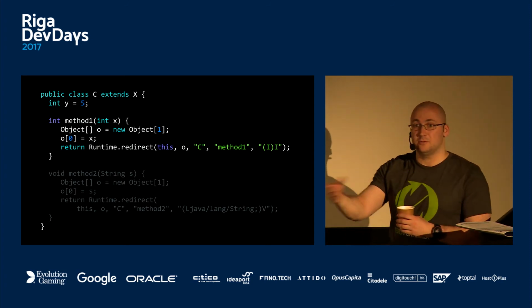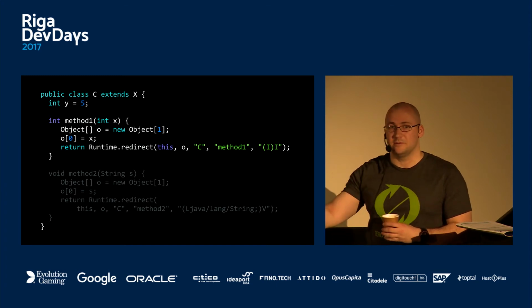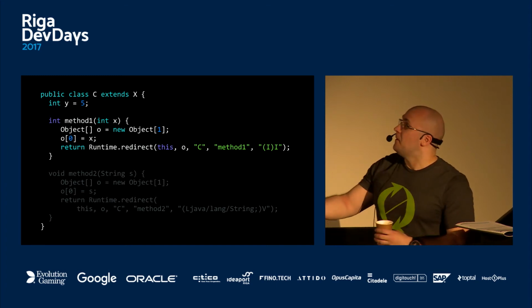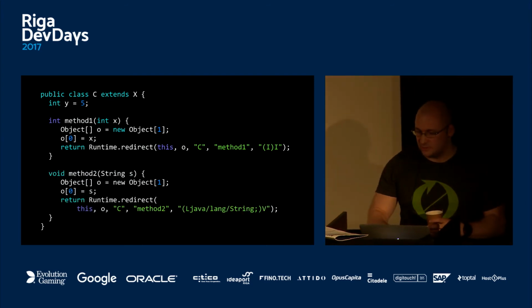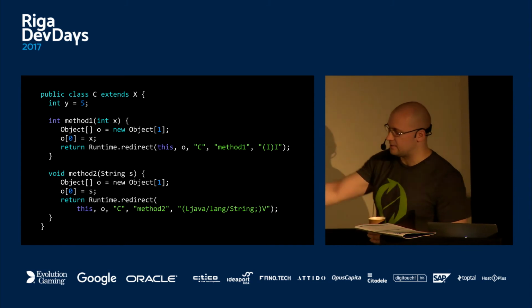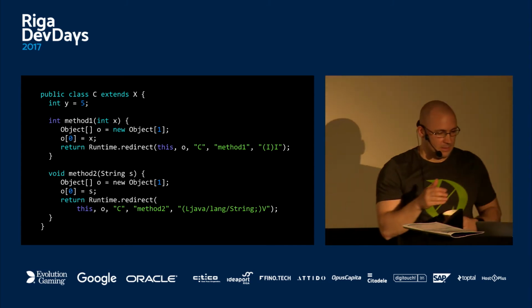To solve any computer science problem, you can just add a level of indirection, right? So here we just rewrite the original methods to delegate the calls to something that is supposed to execute.